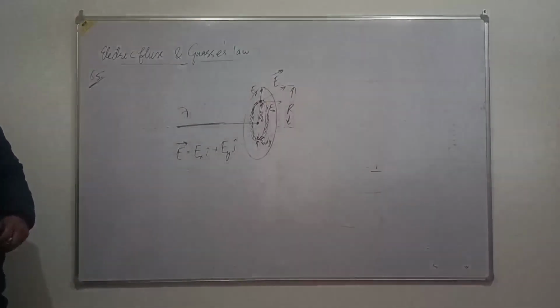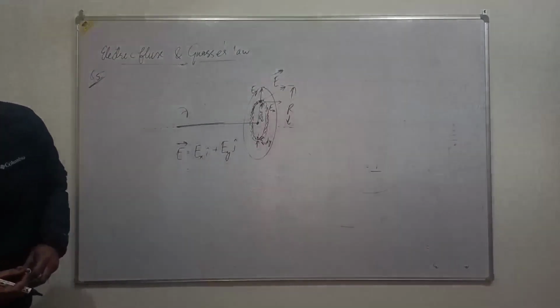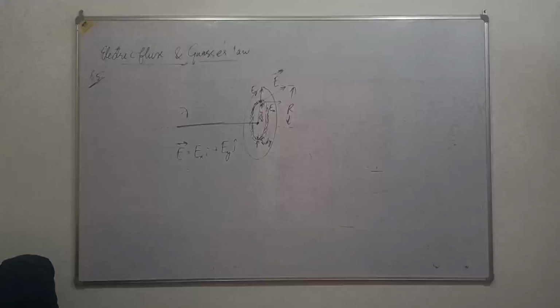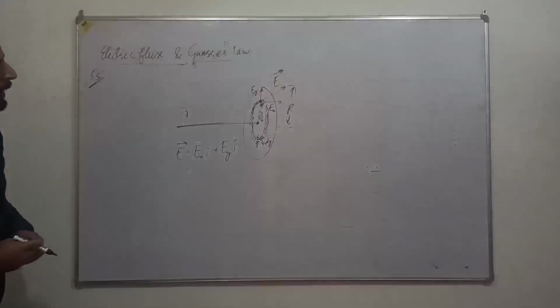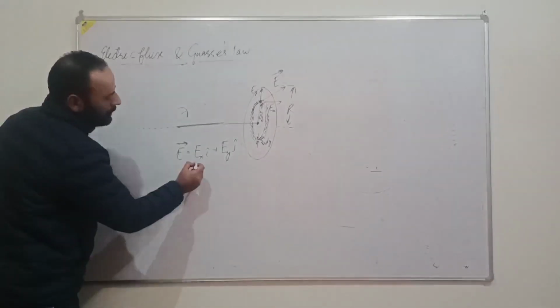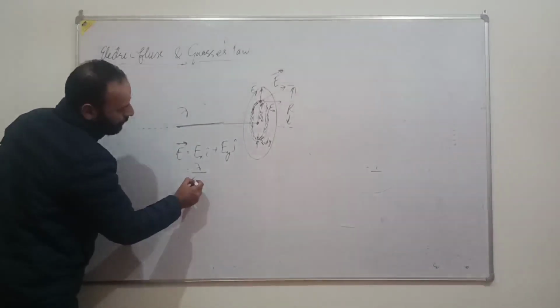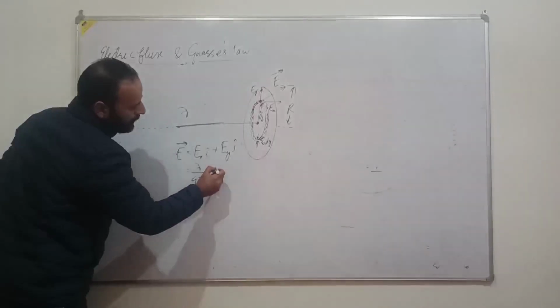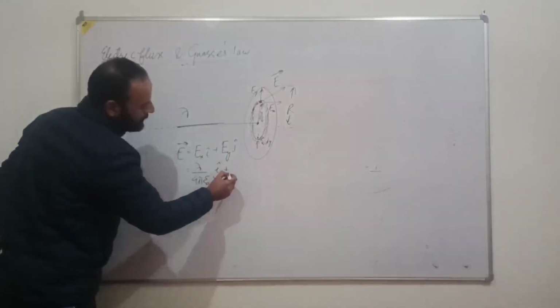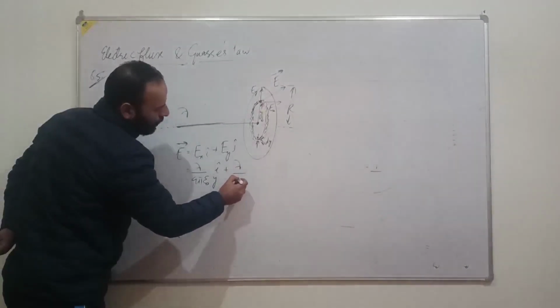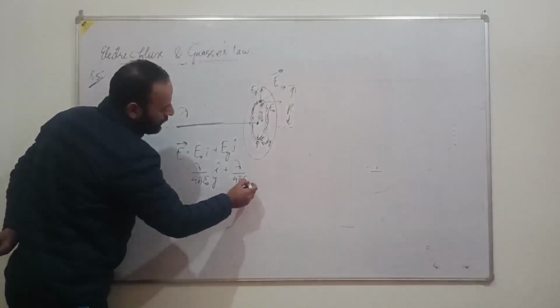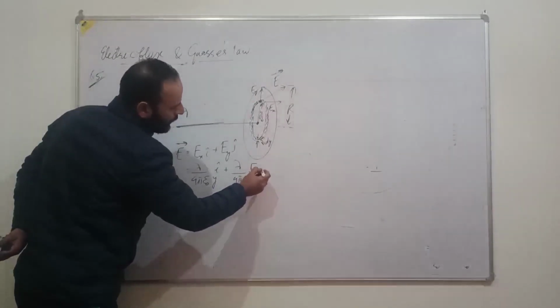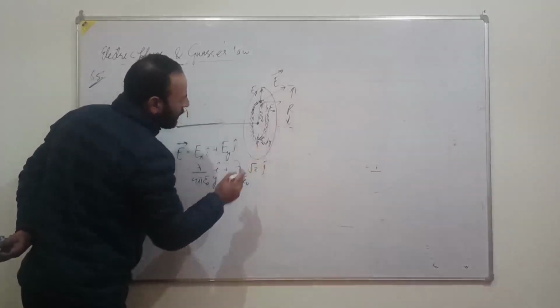So Ex is equal to lambda by 4 pi epsilon naught, divided by y, i cap, plus lambda by 4 pi epsilon naught, root 2, j cap.